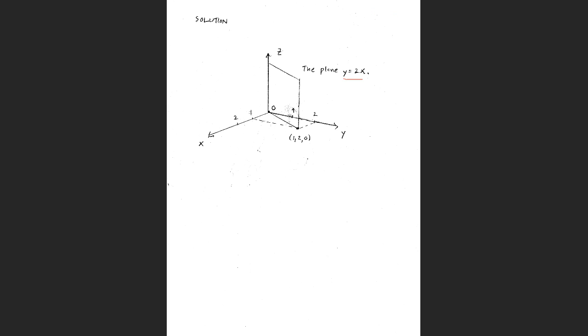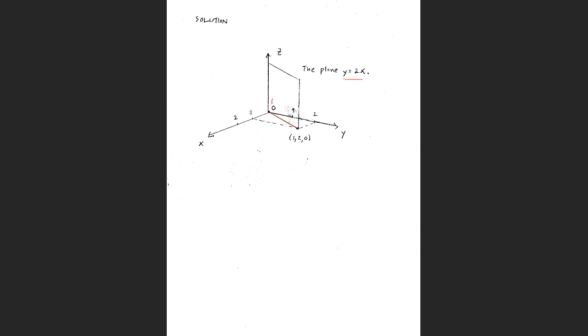So you see what I've done here. We would like to draw the plane reasonably. So I say, okay, I know y equals 2x would connect the origin, this O here, is the origin, right? And so it's going to connect the origin to the point 1, 2, 0.